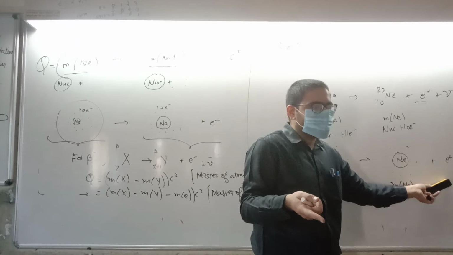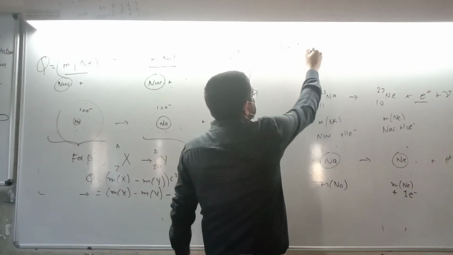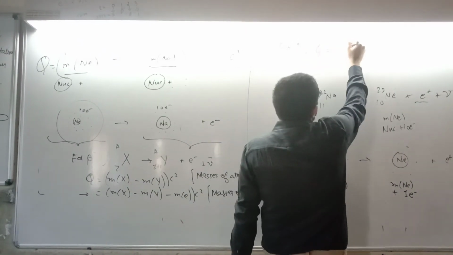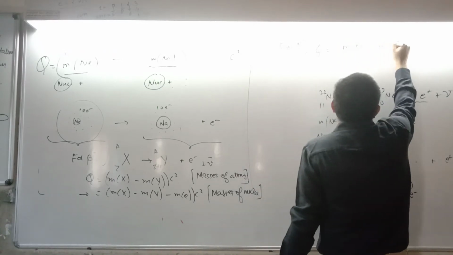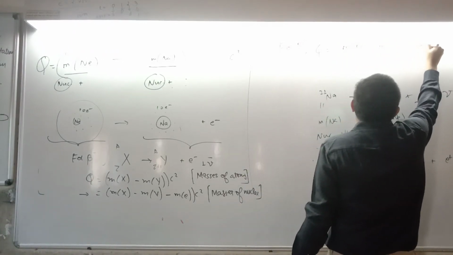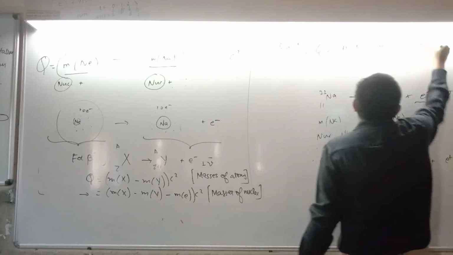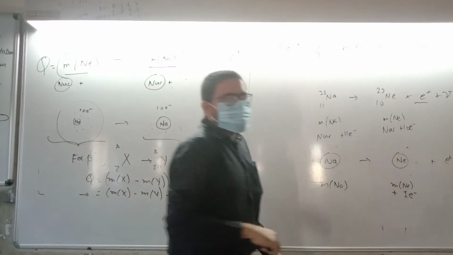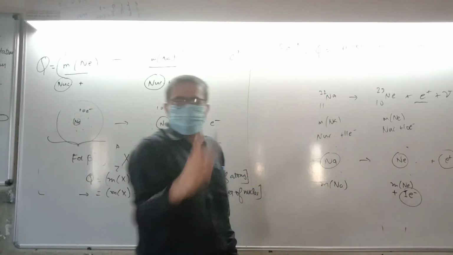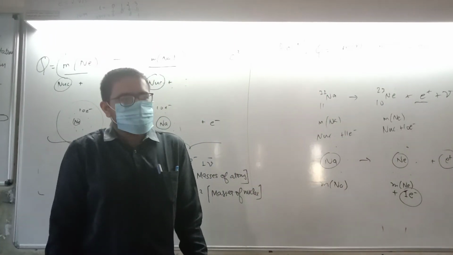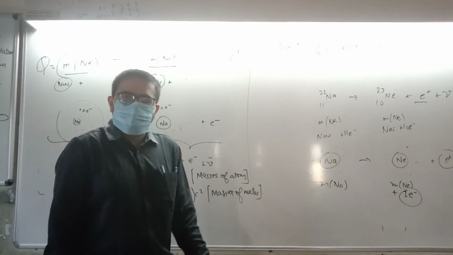Make sense? So if I was to write the Q value, then this is going to be mass of X minus mass of Y minus 2 times mass of electron. Did you understand that? 2 times: this one extra, this one extra, 2. Got it? So that's how you write.